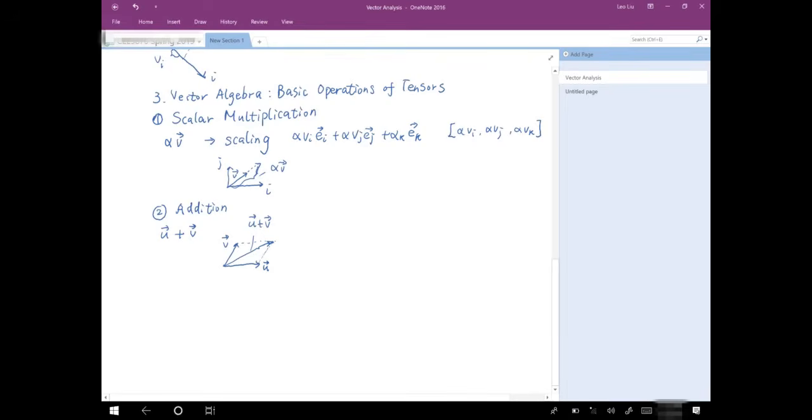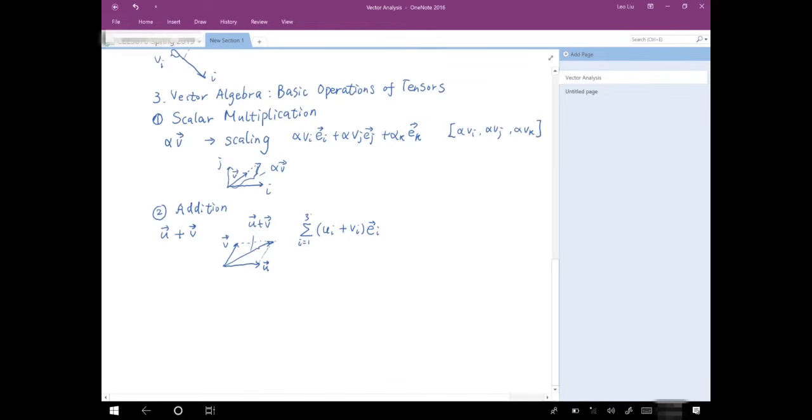And if we want to write it in the comprehensive way, let's not do that. To save space, let's use the Einstein summation. So what happened is that it is UI plus VI, then EI. And again, in the 3D space, I goes from 1 to 3.